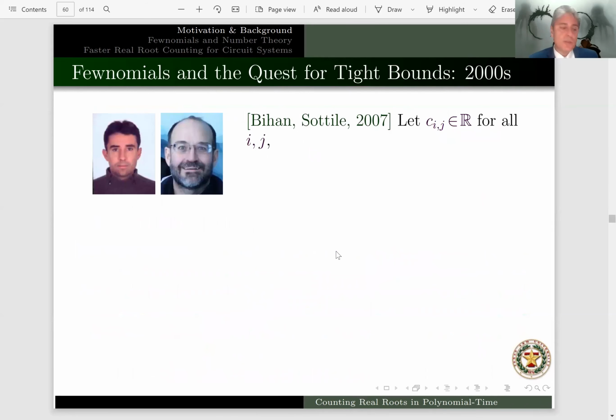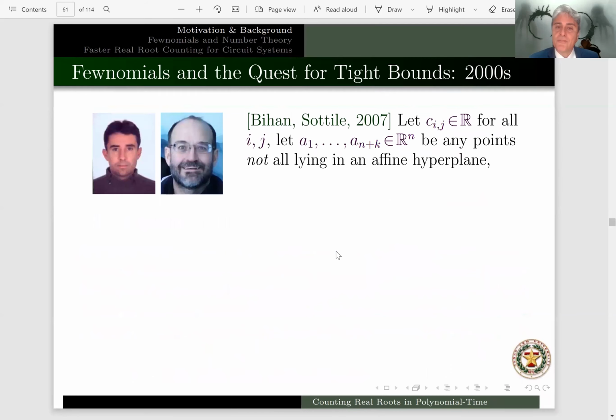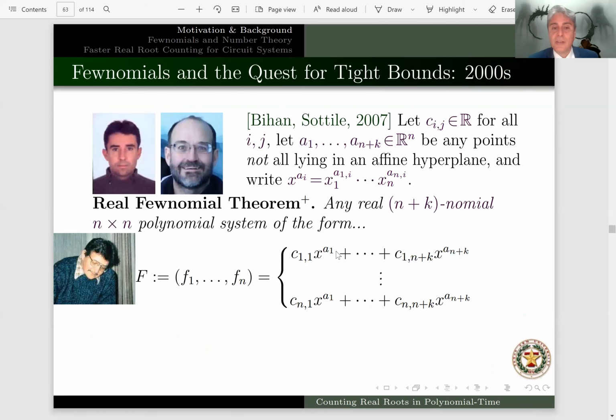Okay, so let's review a little bit of Fewnomial theory. There is this very important result by Bihan and Sottile, which tells you that if you have real coefficients, and you look at an arbitrary number of exponent vectors, not lying in the same affine hyperplane, and you write a monomial term in this particular way, then there's the famous real Fewnomial theorem.